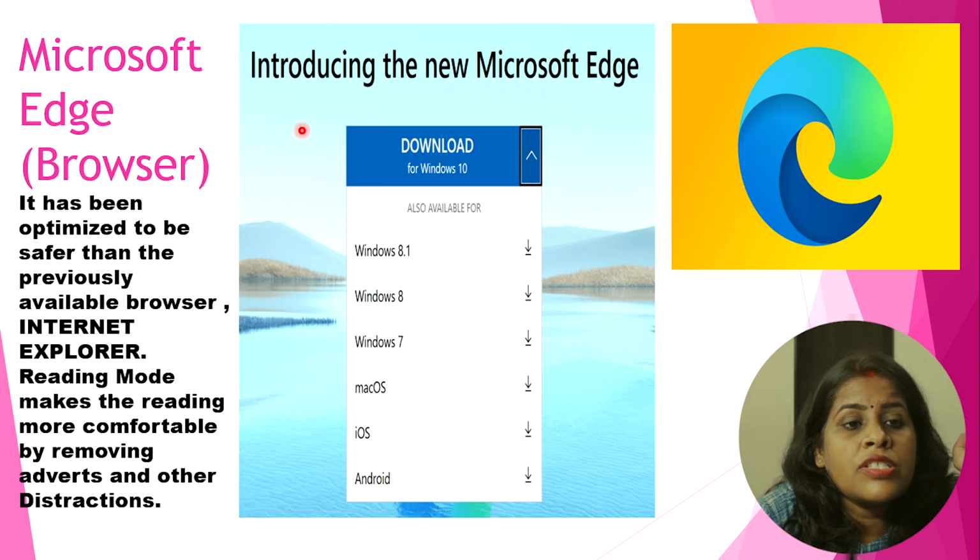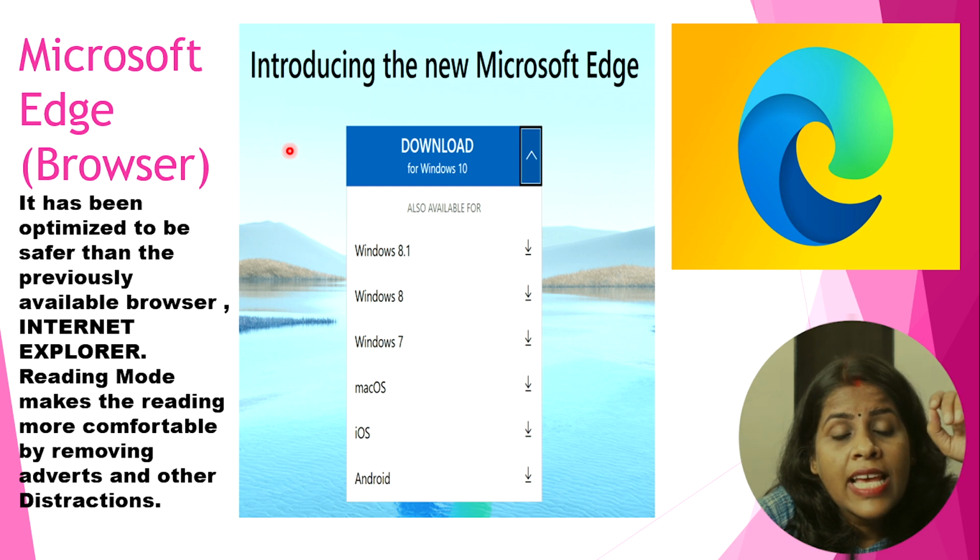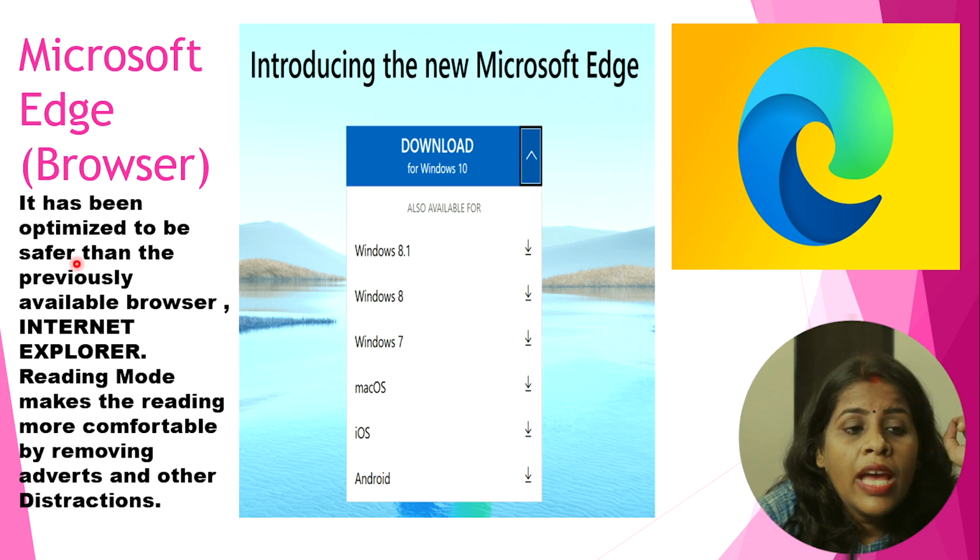Now Microsoft Edge. Microsoft Edge is a browser. It is more secure. What is the quality of Microsoft Edge? It is more secure. It has been optimized to be safer than the previously available browser, Internet Explorer. Reading mode makes reading more comfortable by removing adverts and other distractions.